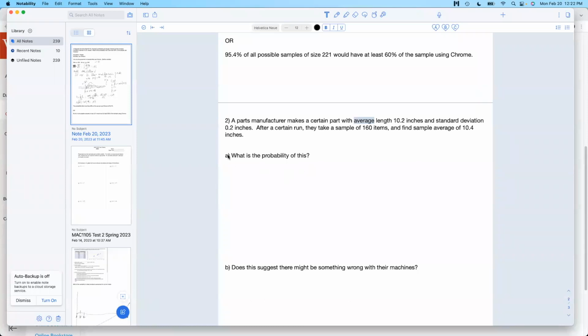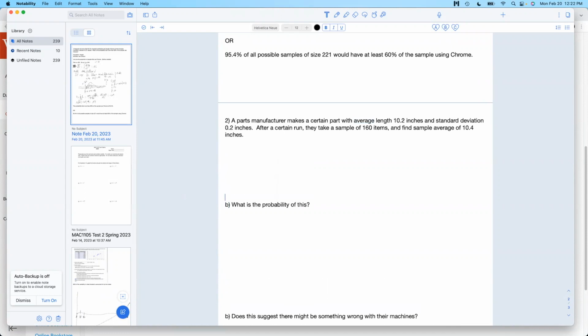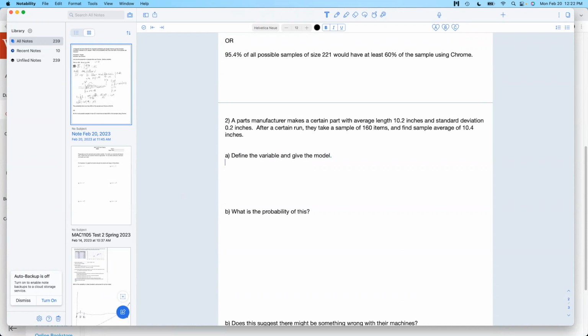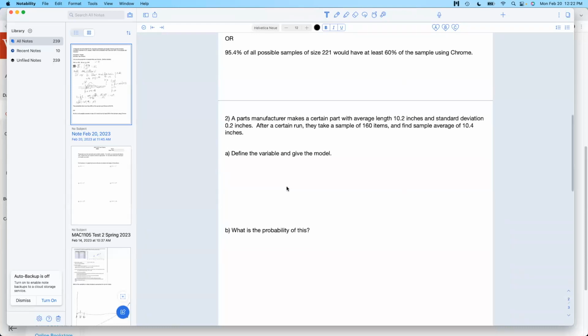So here, I'm going to add in a part here. Let's define the variable and give the model. So what we're talking about here are population means.